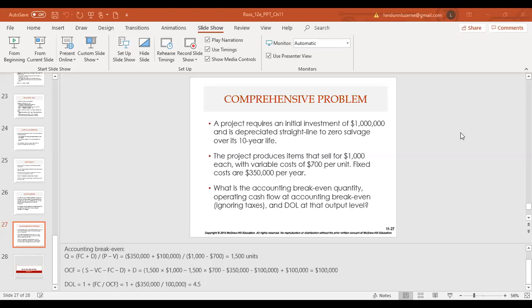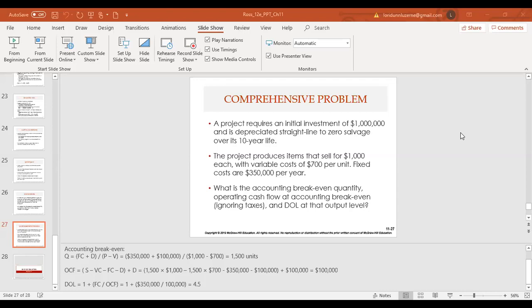So if units increased by 30 or even 40%, we figured, oh, we could sell 40% more of whatever we're selling here, these units.